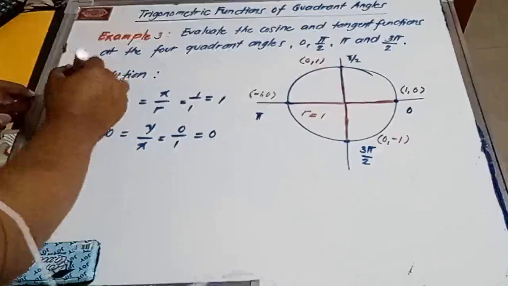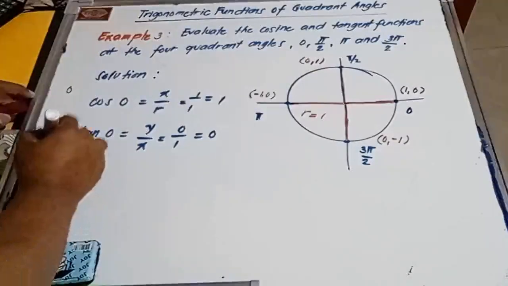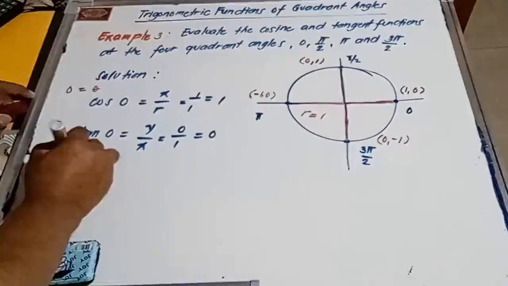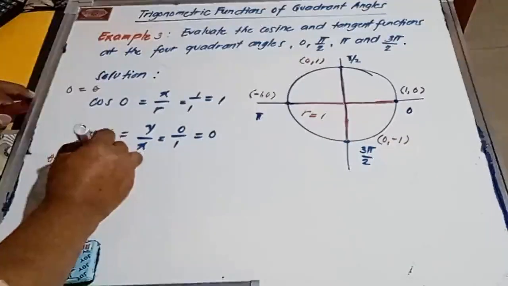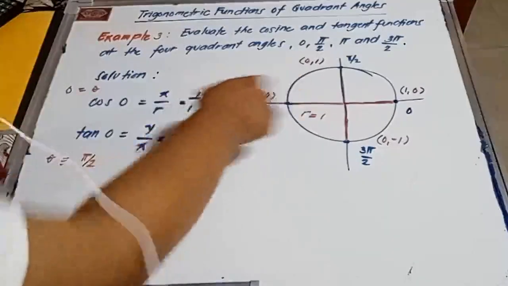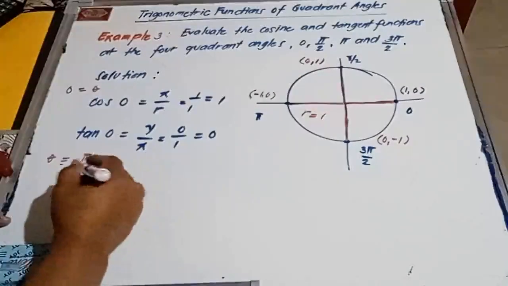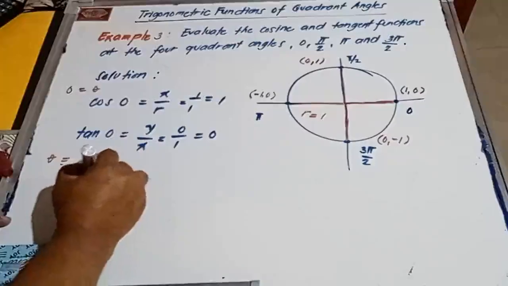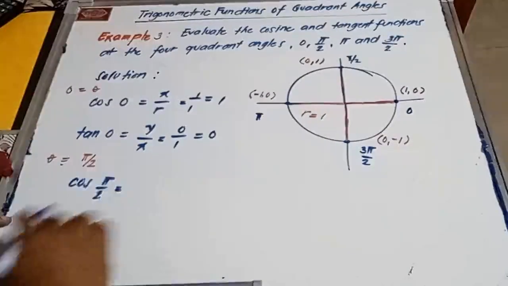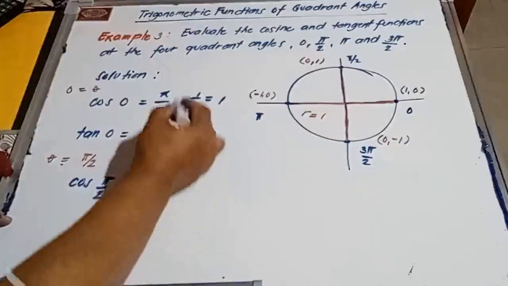Nakuha na natin. Next, this is theta equals 0. And this one is theta is pi over 2. Pi over 2 is, in degree is 90 degrees. Next, cosine pi over 2. Anong cosine uli? X over r.